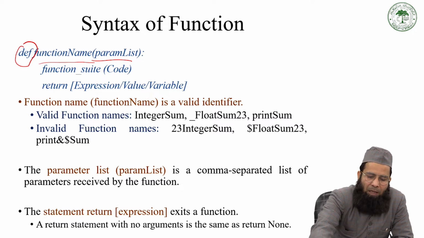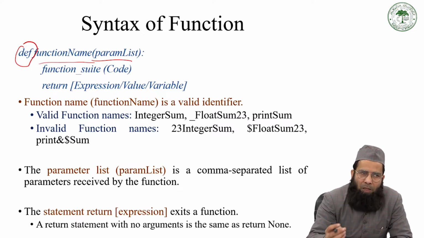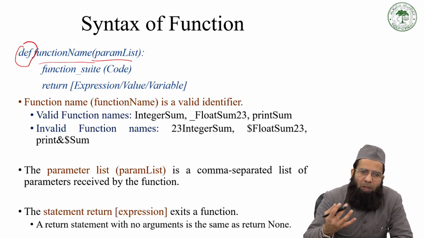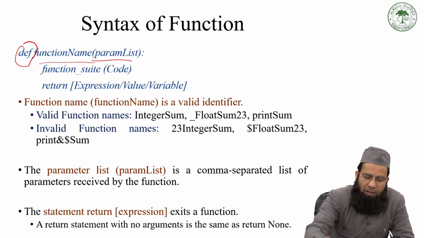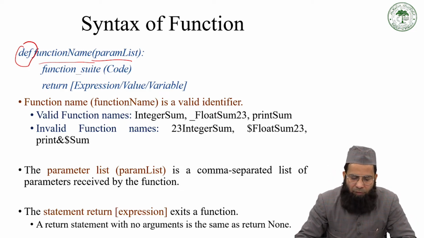Suppose you have calculated something and you want to return it. Suppose you have checked whether a number is prime or not, and you want to return true or false. Or you are returning the square root of a number. In this way you can return certain values. So this is the general syntax of a function.